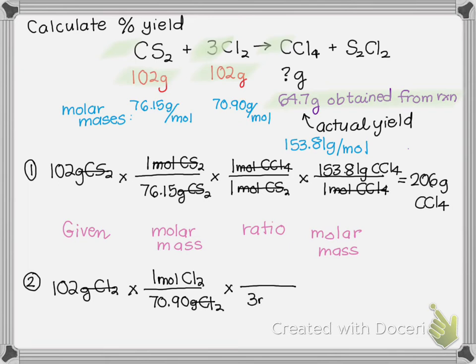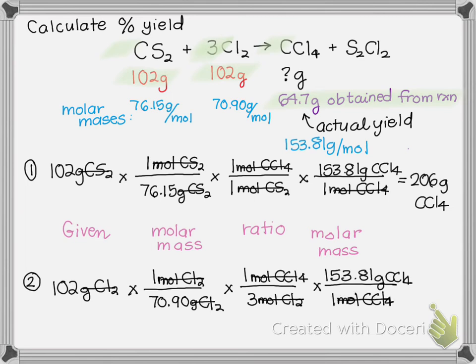So it's going to be 3 moles of Cl2. And there's still only a 1 in front of the CCl4. So that gives me moles of CCl4. And then I'm going to multiply that by the molar mass of carbon tetrachloride.